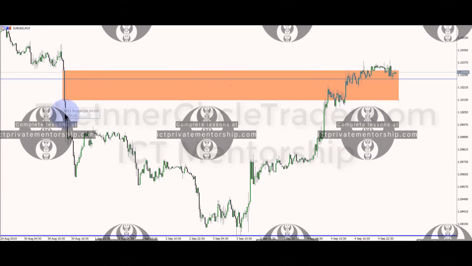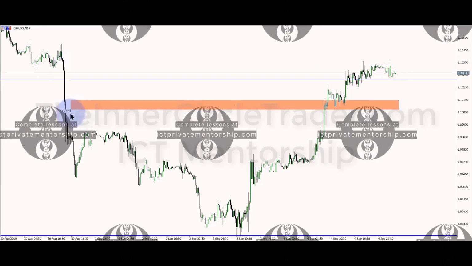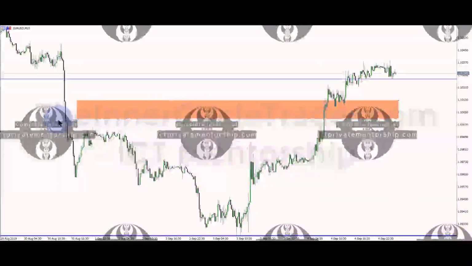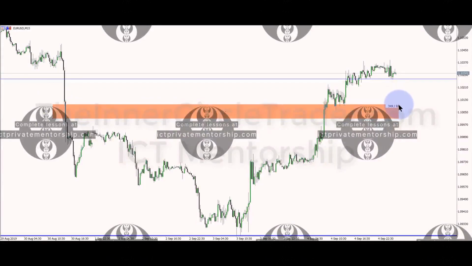In this area in here, right there, we have again another section of SIBI, sell side imbalance, buy side inefficiency. In other words, only one single candle passed between this candle's low and this candle's high.